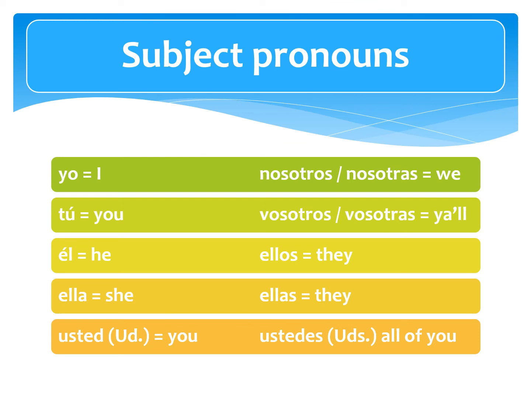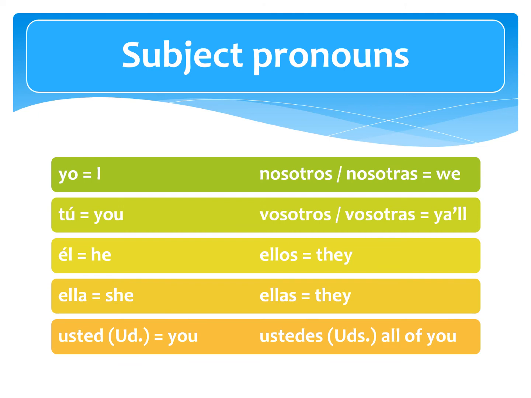So the first thing that we need to know about are these subject pronouns. It's the person doing the action of the verb. So yo is I, tú, you, él, he, ella, she, usted, you. You might see it abbreviated capital UD period. Also notice that tú has an accent. Without the accent, it means something different. And also él with the accent means he.